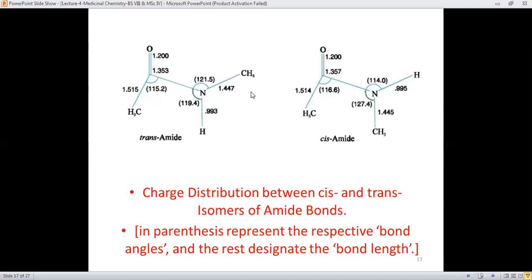It means that while dealing with configurational isomers or the trans or cis geometry, it must be kept in mind that there must be emphasis on the bond angle and the bond length in order to determine the molecular modeling and to build the relationship between molecular modeling and drug design.